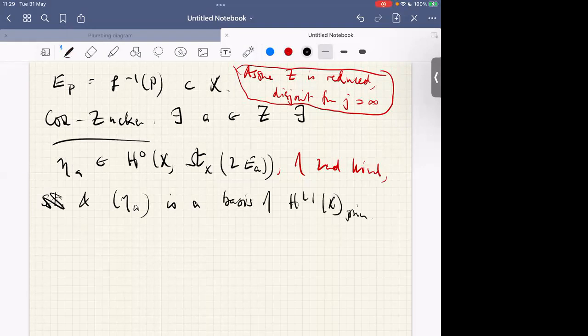So let me explain why these forms exist. Because it's important that we have a point in the ramification divisor.